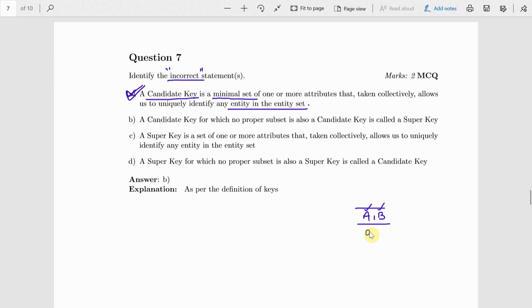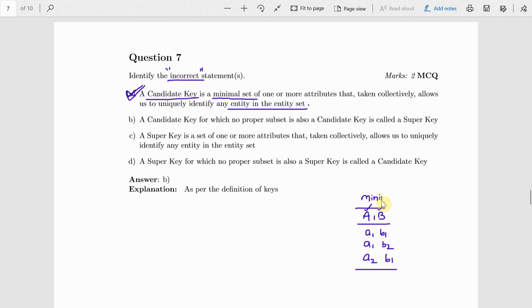Suppose A1, B1; A1, B2; A2, B1. If I remove B, A alone is not a key because there are duplicates in A, so A is not a candidate key. If I remove A, B alone is not a candidate key because there are duplicates in B. That's what we call a minimal set.